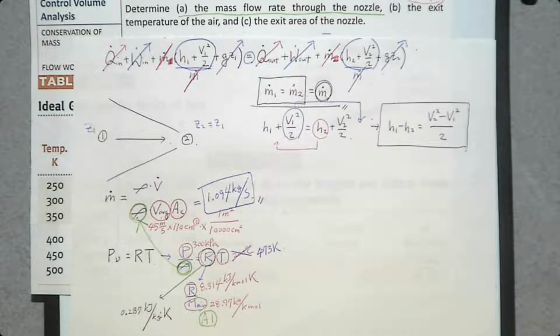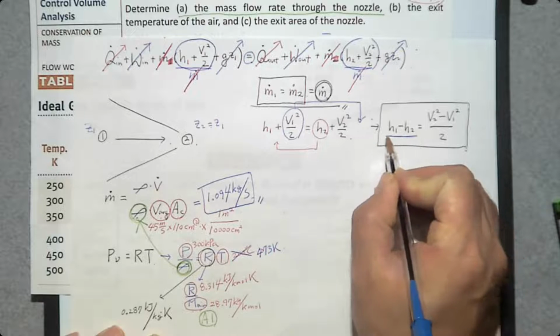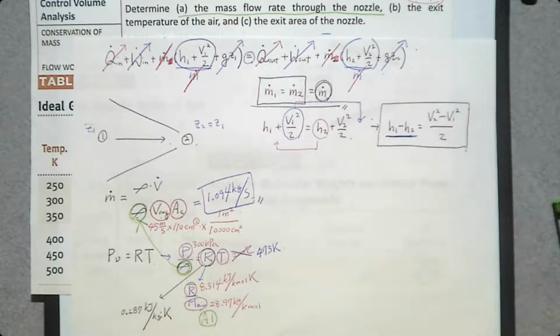Then, what about this energy balance equation? The left-hand side of this energy balance equation is H1 minus H2. How do we determine these specific enthalpy values? If you have a phase change material, we can use the table.